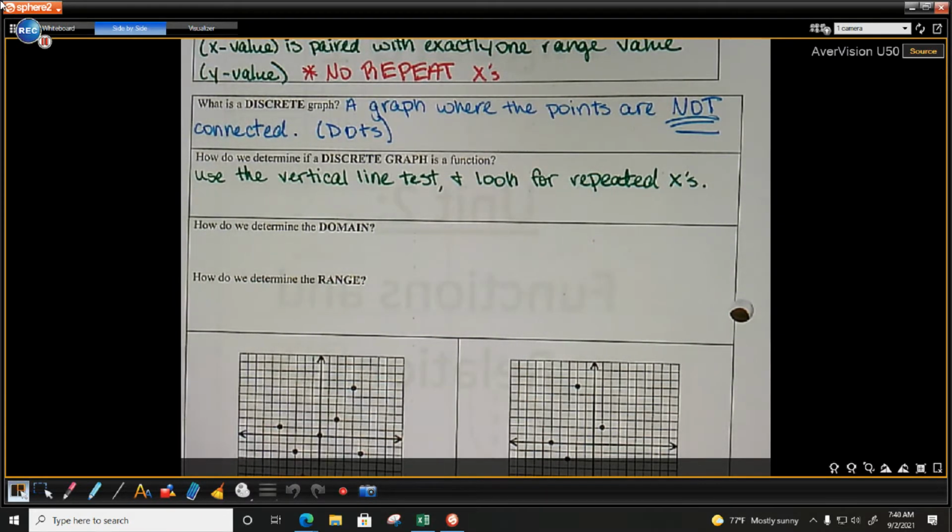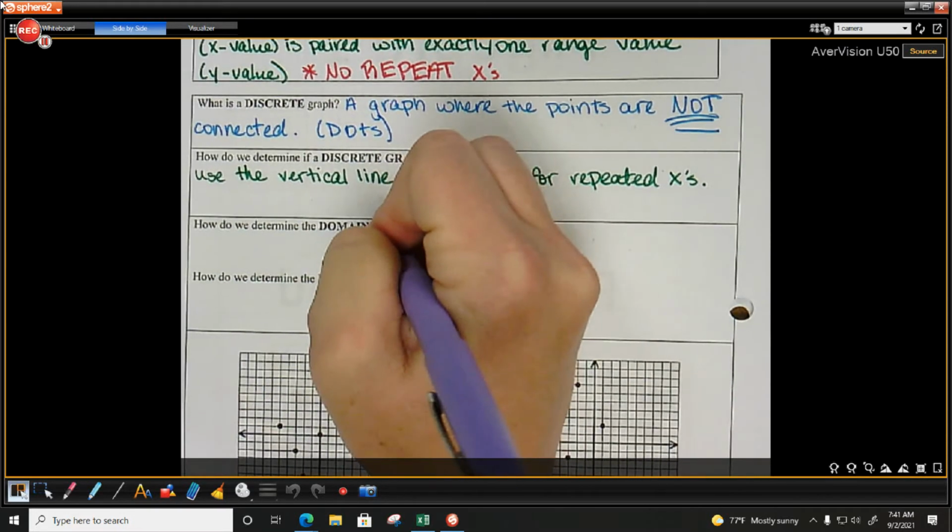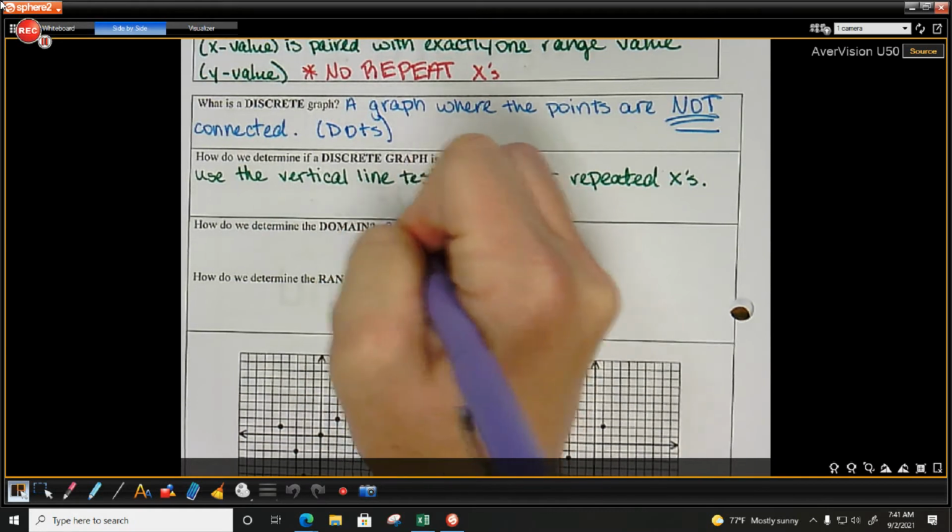Okay, so what we are stressing today is how do you determine the domain and the range. In order to determine the domain and range, we need to know what the vocabulary word domain means, and we need to know what the vocabulary word range means. Domain is all of the x values.